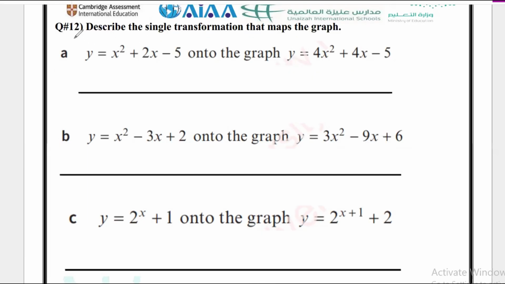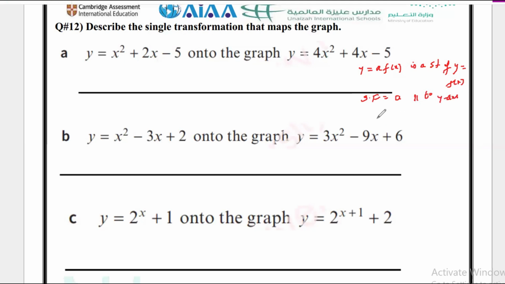Yes, boys, this is question number 12. Describe the single transformation that maps the graph. Before solving this, you must know when the function y is equal to a f of x, this is basically a stretch of graph y is equal to f of x, with stretch factor a parallel to y-axis.